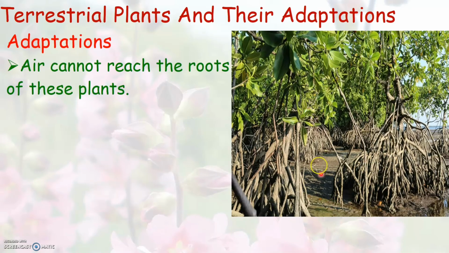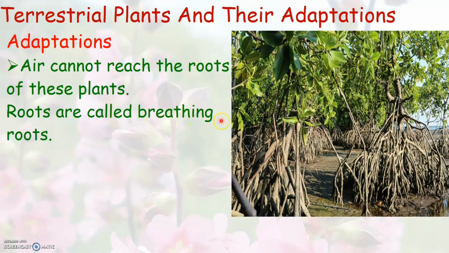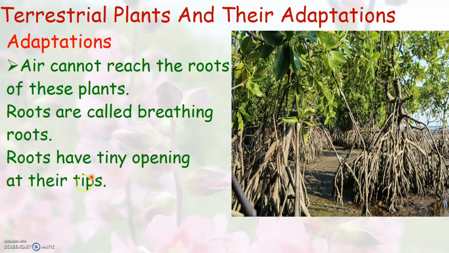Since air cannot reach the roots of these plants, the roots start growing out of the soil, as you see here in this picture. So, such roots that grow out of the soil are called breathing roots. These roots also have tiny openings at their tips. So, these are the special features that are adapted by plants that grow in marshy regions.